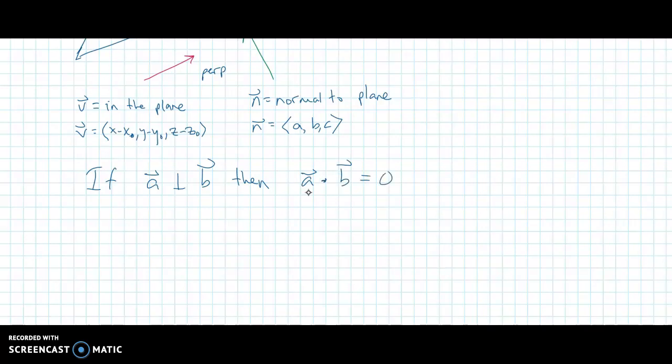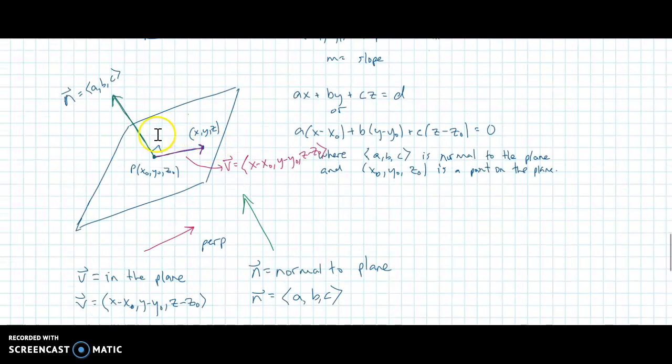If the dot product of two vectors is 0, then they are perpendicular. And why is that? It's because of the cosine theta formula that we had from dot product. So look, this guy is perpendicular to this guy. So what that tells me is that n dotted with v is going to give me 0.